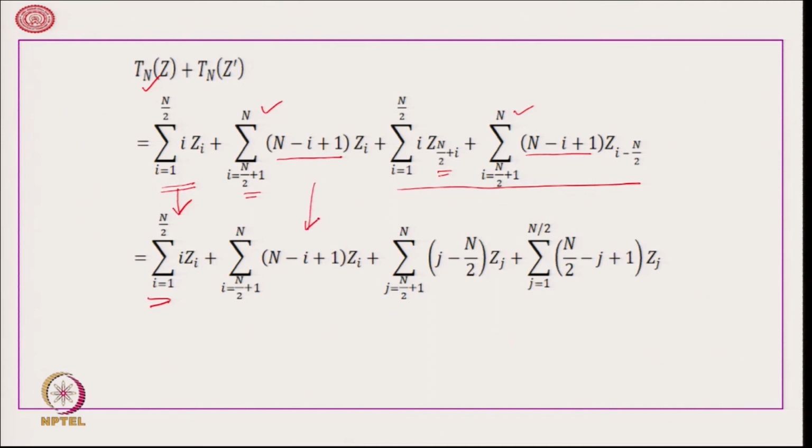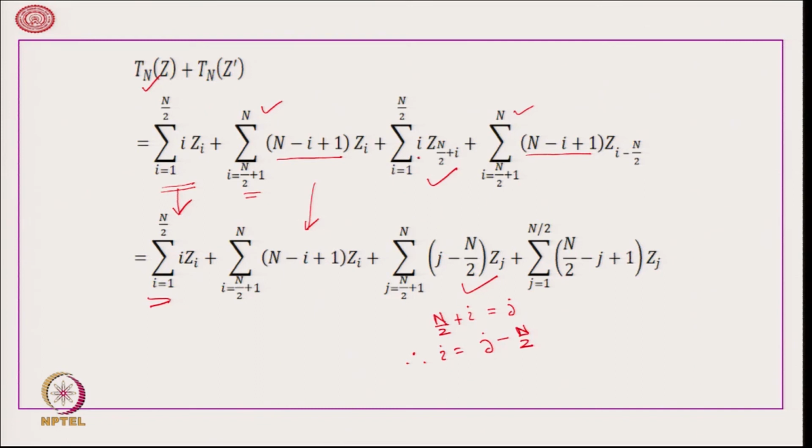Now, here what are we doing? We are making a change of variable. So, on this side we make a change of variable, n by 2 plus i is equal to j. Therefore, i is equal to j minus n by 2.